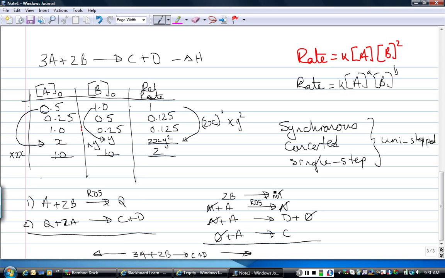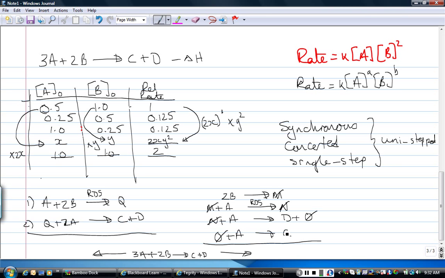So you notice that in this mechanism, 1 A and 2 B's are involved in the reaction up to and including the RDS. That's also true here, 1 A and 2 B's. You notice that I also make D one of my products before I make the other one.